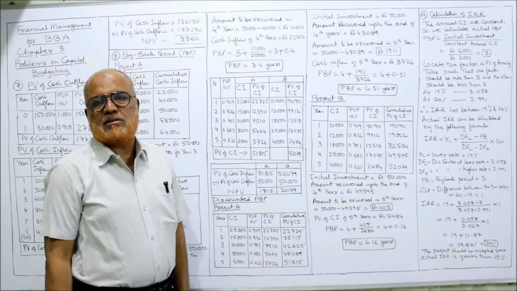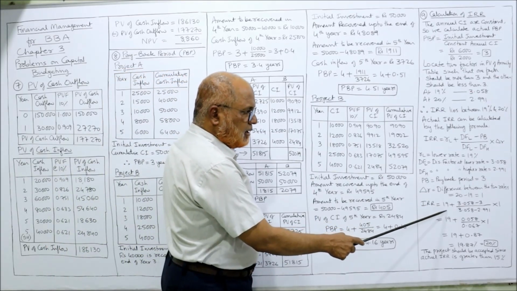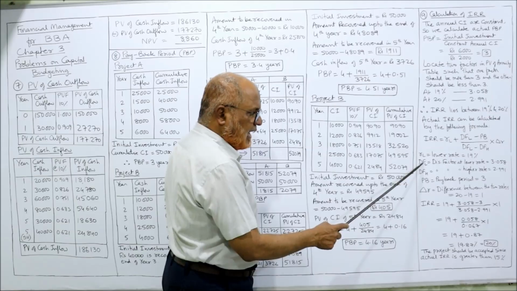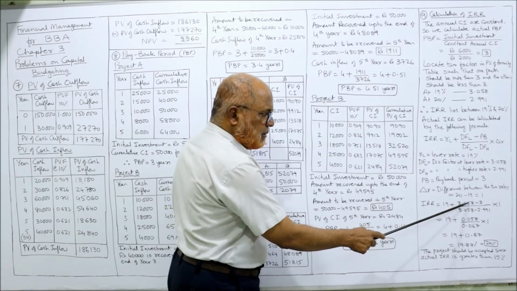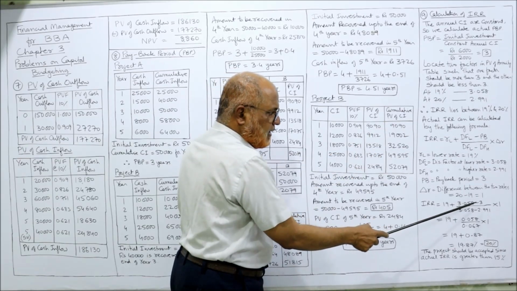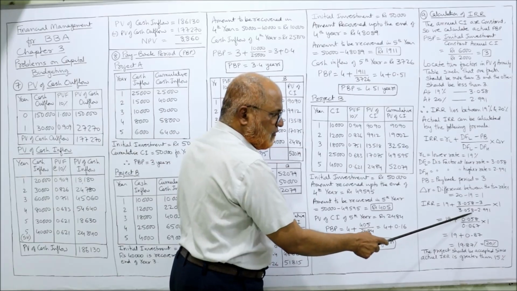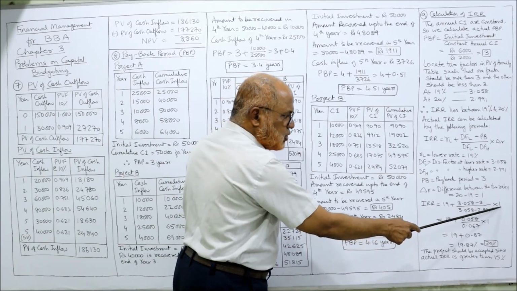That's it. Now substitute the values. RL is 19, and DFL is 3.058, PB, payback period, is 3, divided by DFL minus DFH, 3.058 minus 2.991, into 1.